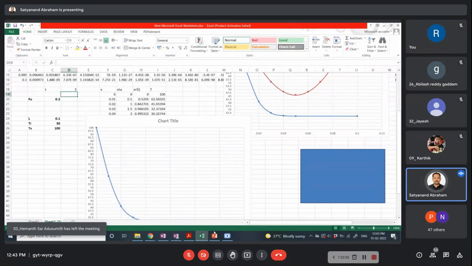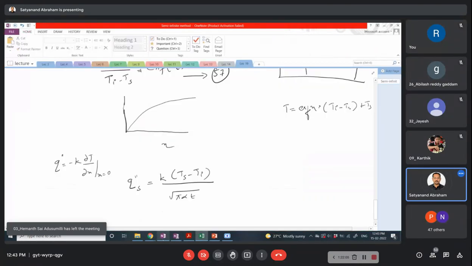So therefore the heat flux is going to be decreasing with time. That's why the time comes in the denominator. That is how we can calculate the heat flux at the surface, which varies with time.